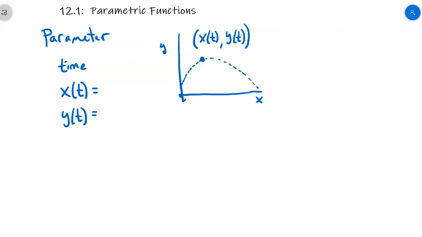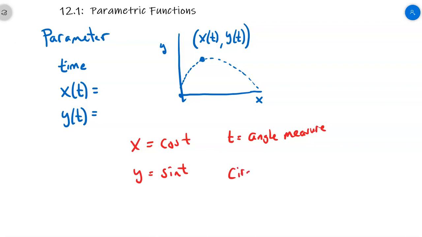And suppose I gave you this. Suppose I said x is equal to the cosine of t and y is equal to the sine of t. Well, as you put in different values of t, in this case, t is not going to be time. t is going to be an angle measure in radians. Okay, and as you do that, haven't you just constructed the unit circle?